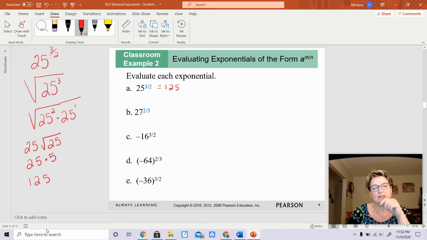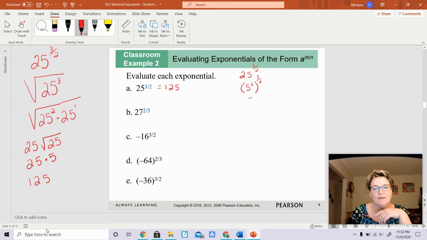The way I would do this problem is this. I have 25 to the 3 halves. I know that 25 is the same thing as 5 squared, and that is to the 3 halves. When you raise a power to a power, you multiply the exponents.